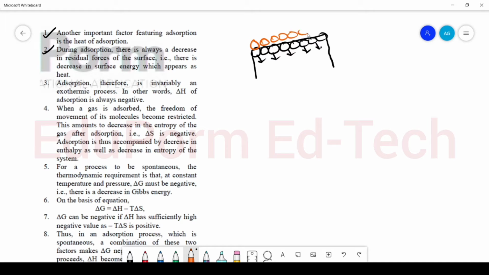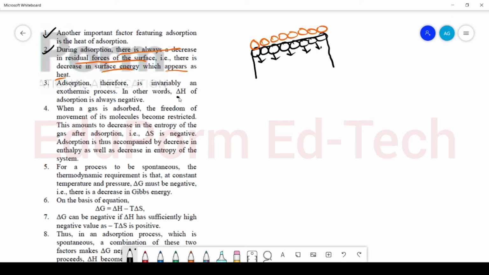So due to the decrease in this net downward force, energy is released. That means heat is released. So during adsorption, there is always a decrease in the residual forces of the surface, and this decrease in surface energy appears as heat. Now, adsorption therefore is an exothermic process.